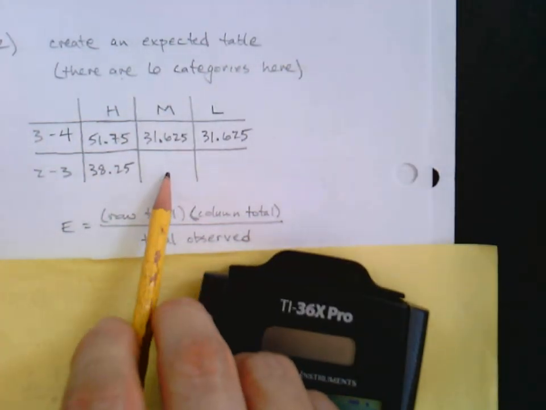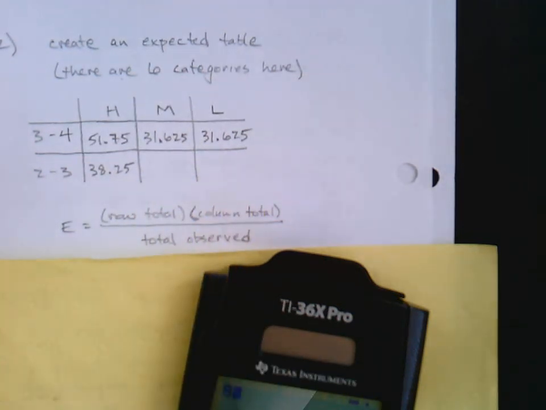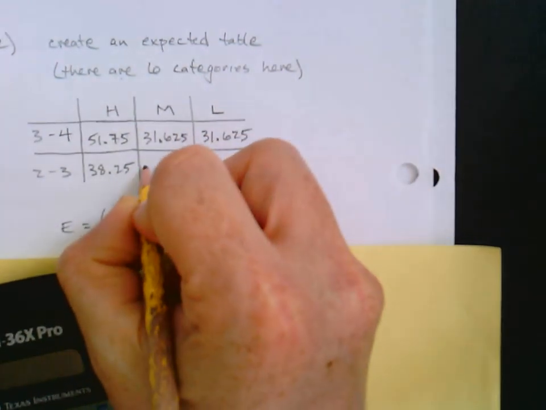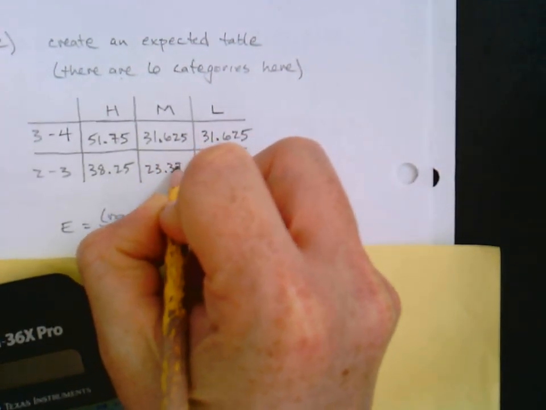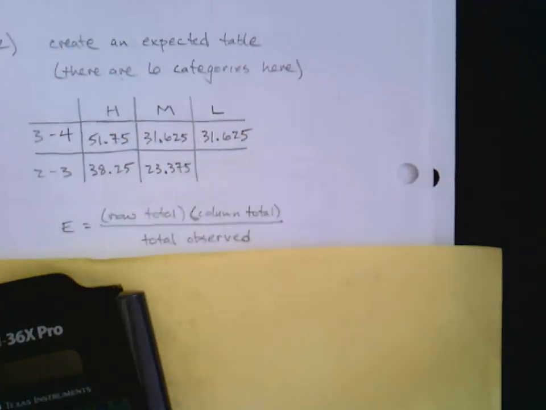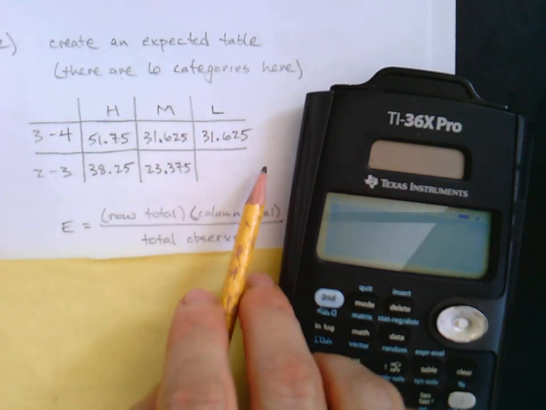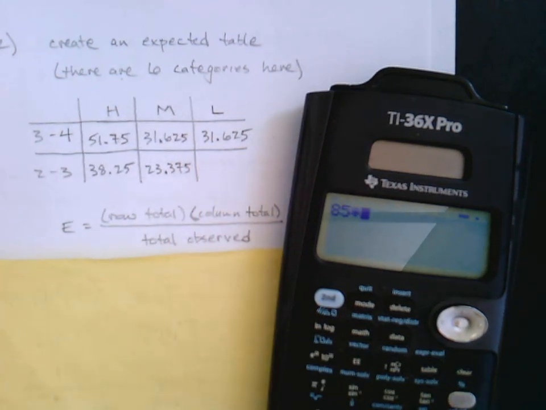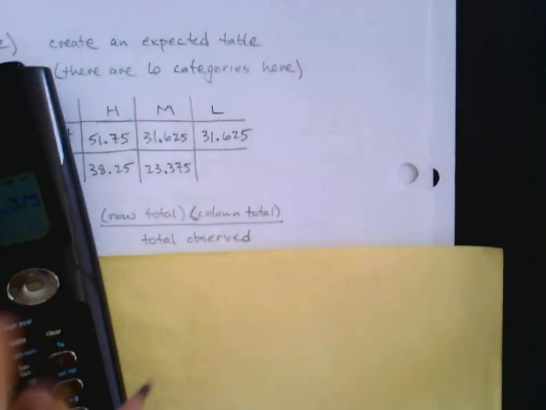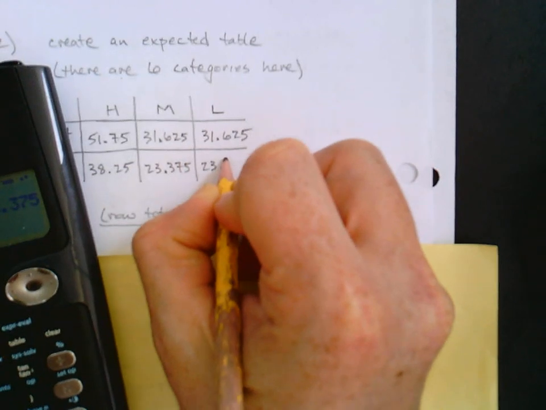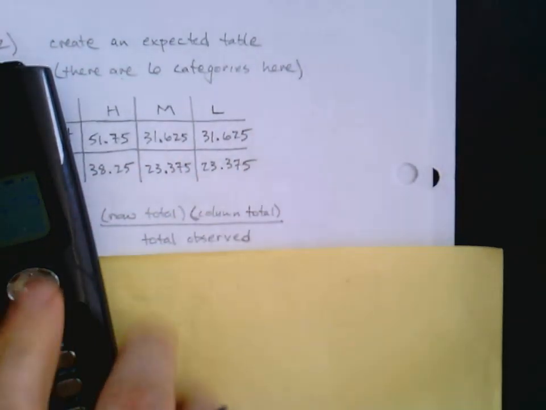For the next one, row total, still 85, times column total, 55, divided by 200. 23.375. And the very last one, row total, 85, times column total, 55, divided by 200, also, well, those were the same numbers, so 23.375 there as well.